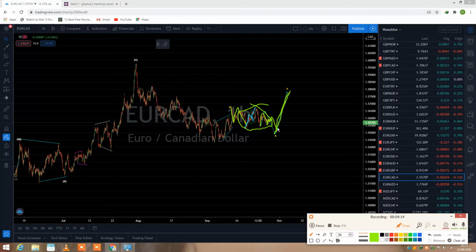So for Eurocad for the next week, you should be patient. You have to dash this and come down like this. Let me clear everything here. If it does start to correct here, it should come back here. I'm not even interested. What I need is this Y leg.